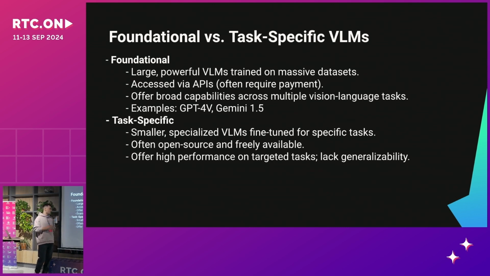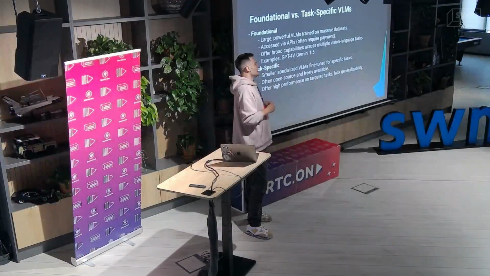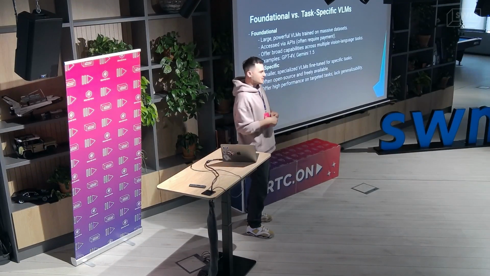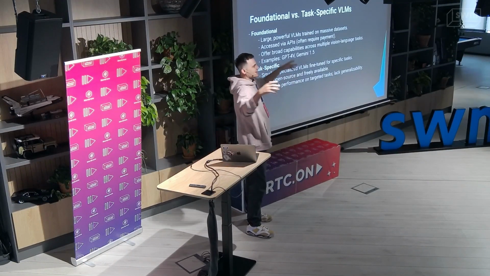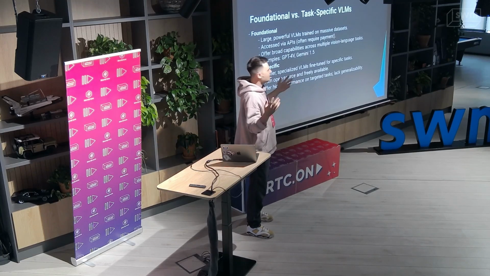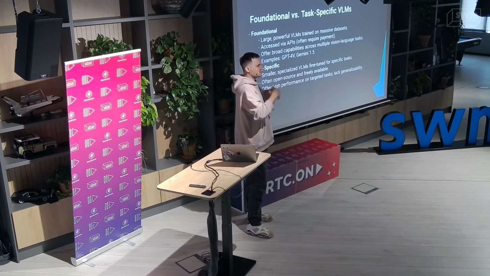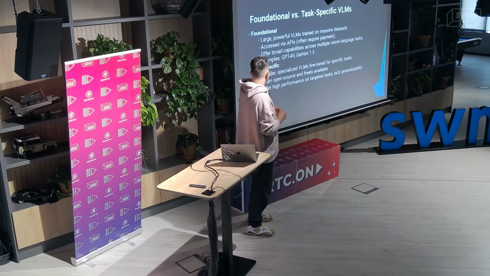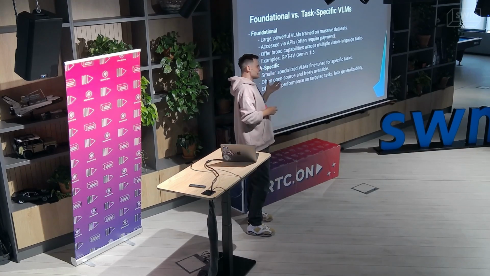And the open source community took another approach, which is task-specific models. With the previous models, if you go to ChatGPT and upload an image, you can ask what movie it is or what city it is. So it has a broad understanding of social context, geographical context, things like that. Task-specific models are not necessarily like this.